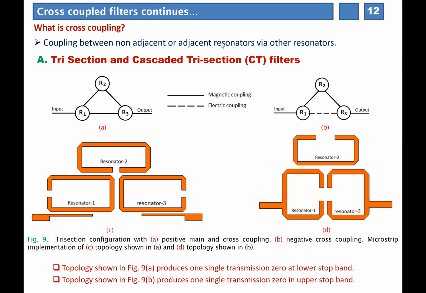Sir, what is the formula of insertion loss, sir? The formula of insertion loss depends on structures. For a filter, there is one complex expression you will get in the book of Lancaster that depends on fractional bandwidth, on order, and also on those g parameter values.